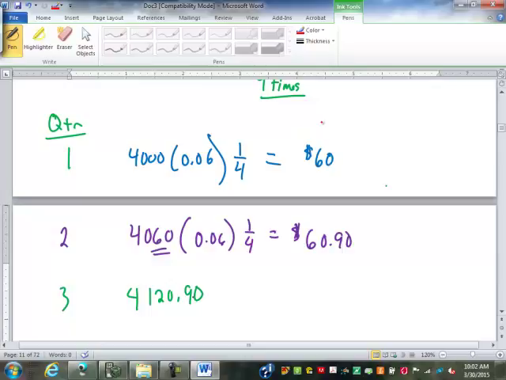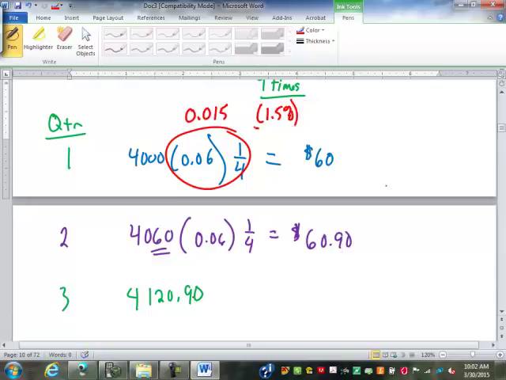So let's look for a shortcut. First thing I'm going to look for is this right here. 0.06 times 1/4 is 0.015, otherwise known as 1.5%. Which makes sense. If it's 6% annually, but you're dividing it up over 4 quarters, 1/4 of 6 is 1.5%. That makes sense, right?